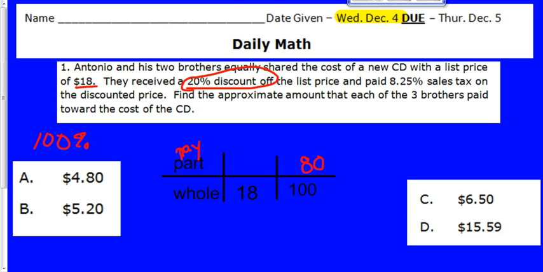Okay, so looking at it, I can reduce first. Get rid of a zero there, get rid of a zero here. Now I have 8/10, and that can reduce to 4/5.